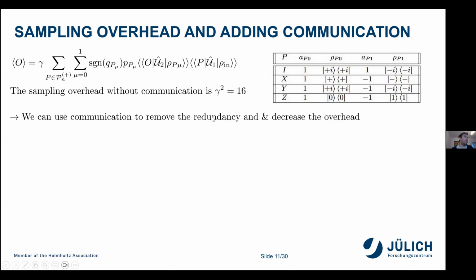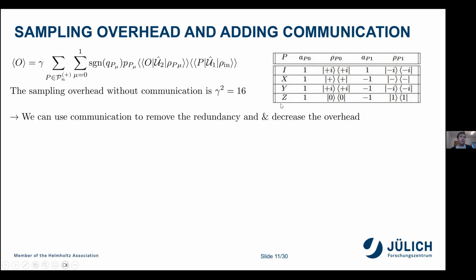As I said before, we can use communication in the wire cut to decrease this overhead. Because right now we do not use communication: we simply reinitialize the Pauli eigenstates and measure in the corresponding basis, but we do not use the measurement result to decide what we initialize.